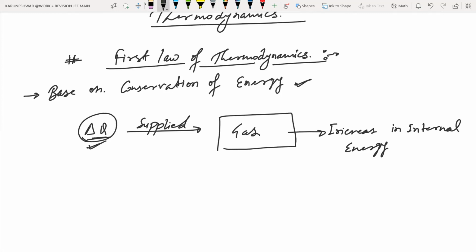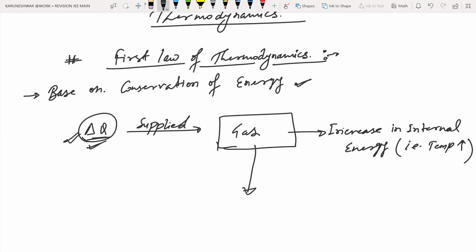So once you are providing that amount of heat energy to the gaseous molecule, the temperature of the gaseous molecule increases, due to which the internal energy will increase. That is the thing you need to understand.